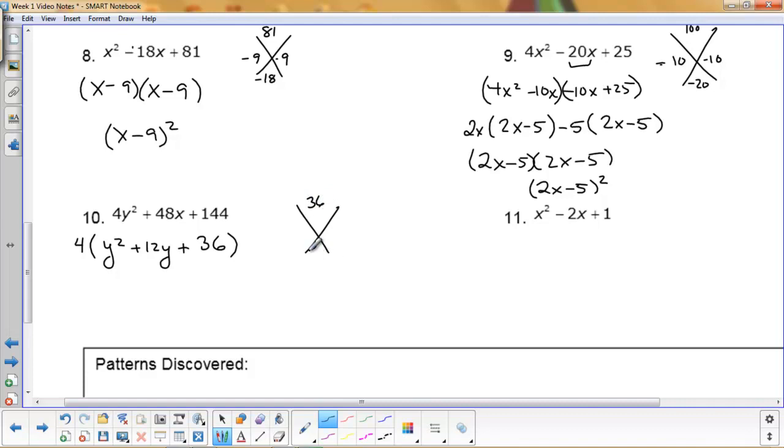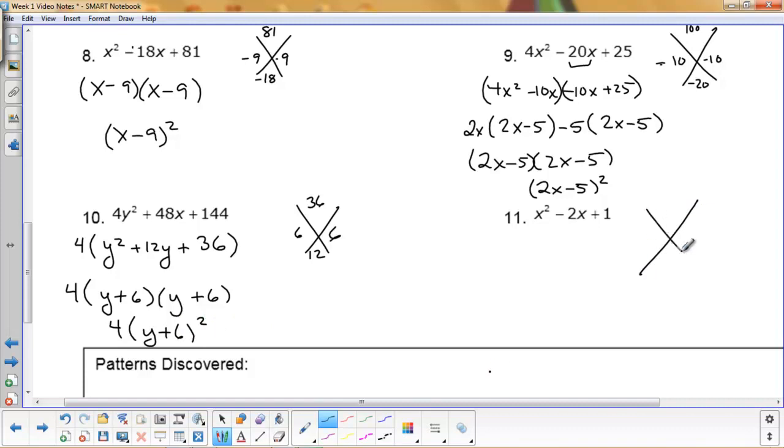Two numbers multiply together make 36, add up to 12. That's 6 and 6. Not going to forget about my GCF this time. Y plus 6 times y plus 6. That's the same thing written twice. So that's 4 times y plus 6 quantity squared.